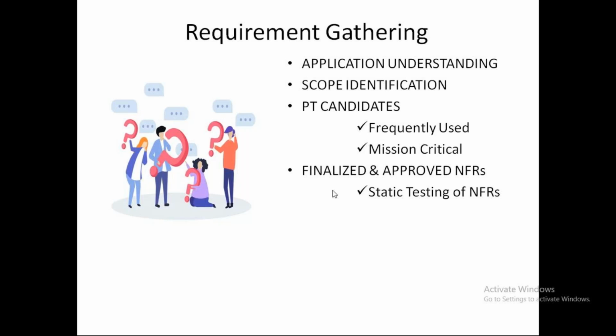Now, the response time should be within 5 seconds for how many users? How many number of users? Then, how many transactions are we expecting to get processed per second or per minute or per hour? That information is also missing.